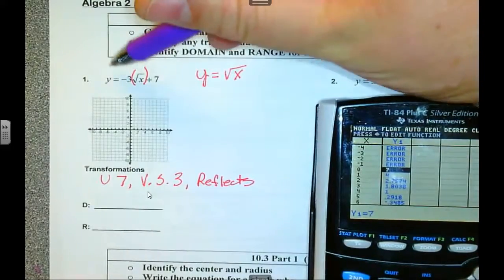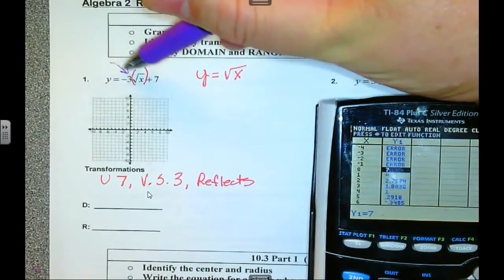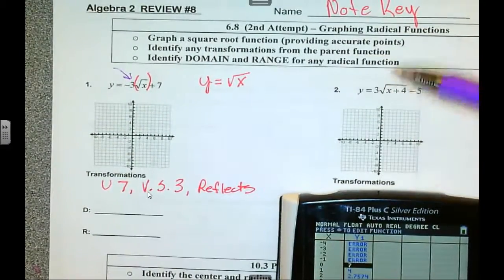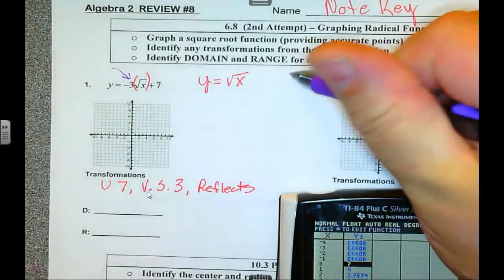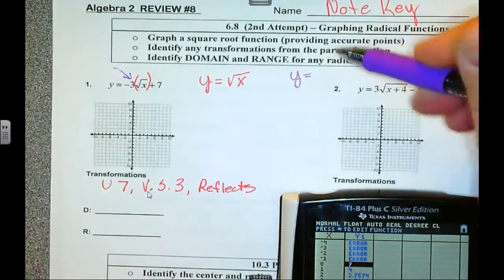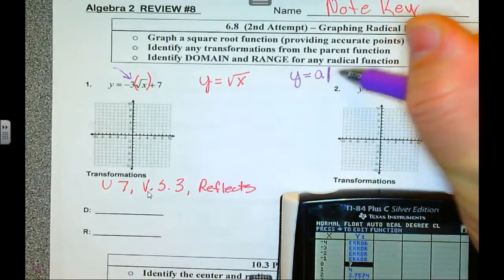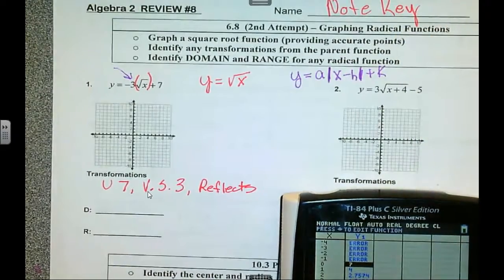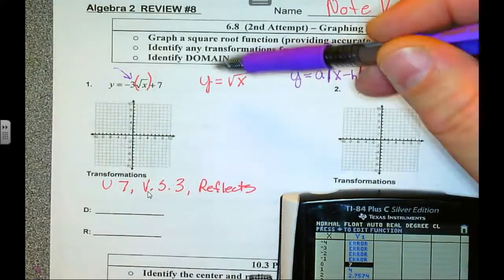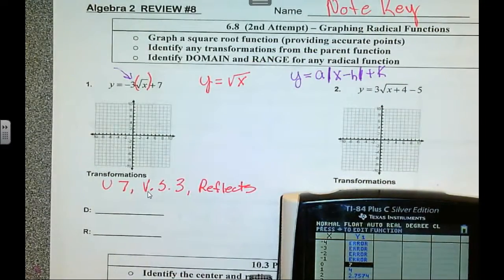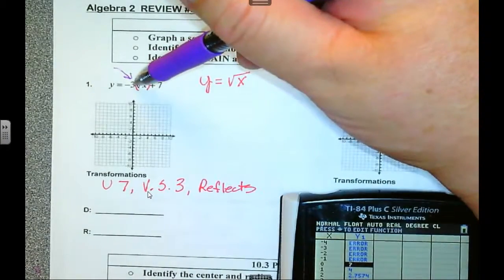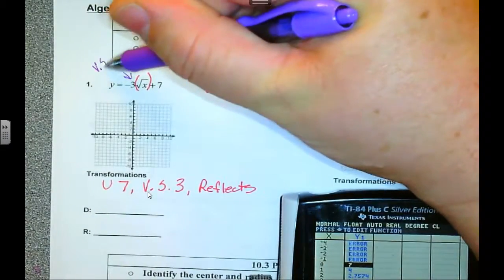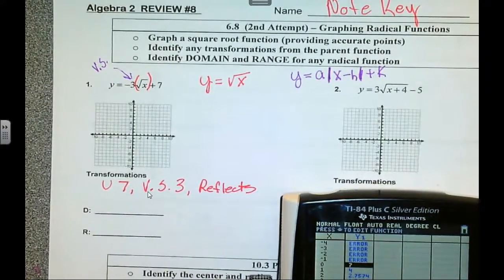Okay, so this 3, that's my A. Remember, all these formulas that we've been working with, like vertex form, the first one we learned was the absolute value. Remember A was our slope. That was our vertical stretch. It's the same thing with the square root function. That A acts as a slope, so it's a vertical stretch. What if my A would be 1?